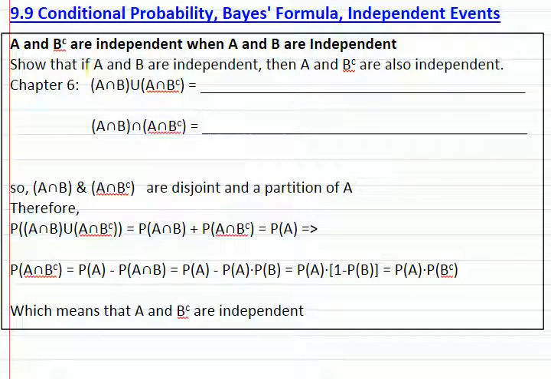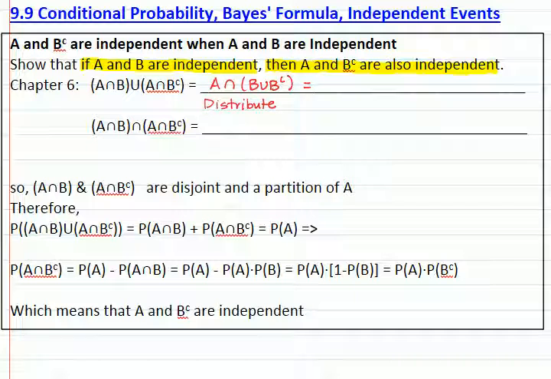Now we want to show that if A and B are independent, then A and B complement are also independent. So I'm going to go back to my set theory rules and see what happens when I union and when I intersect those two sets. For the union, I first apply the distributive property, and it comes out to be A intersection (B union B complement).